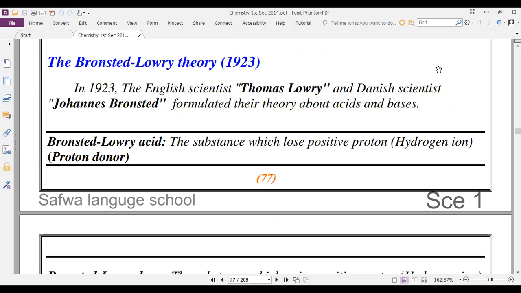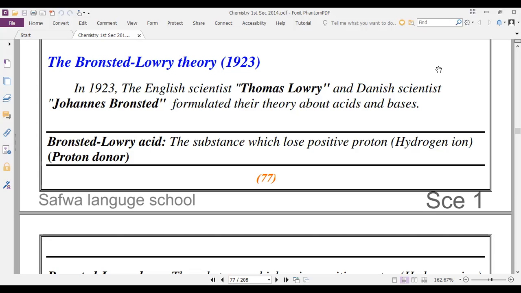Bronsted and Lowry formulated their theory about acids and bases. A Bronsted-Lowry acid is a substance that loses a positive proton or hydrogen ion, and it is called a proton donor. What is meant by proton donor?